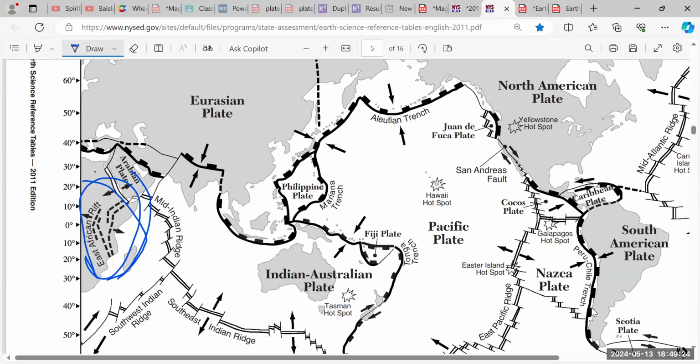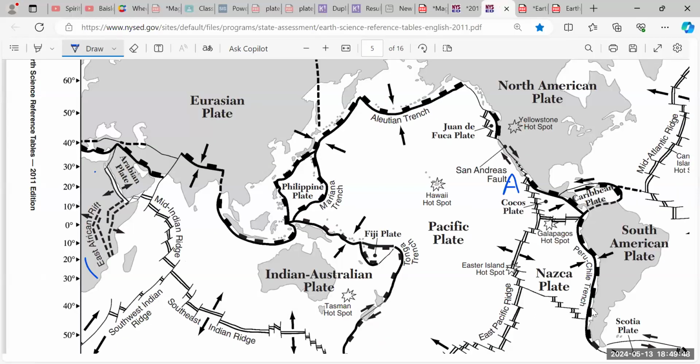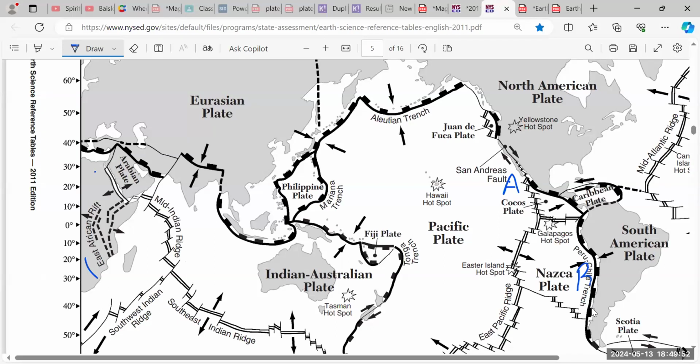And you have your paper with you. So I know A is located right around here. That's where A is located. B is on the west coast of South America, so B would be located somewhere right here.